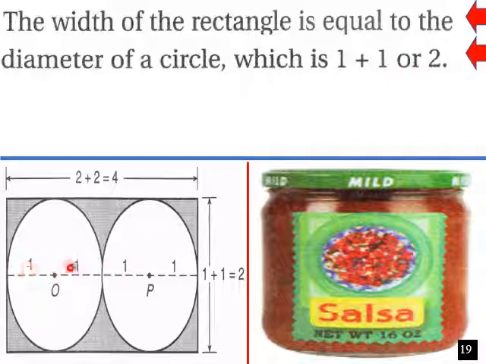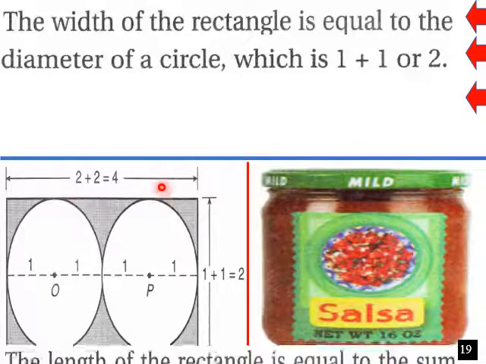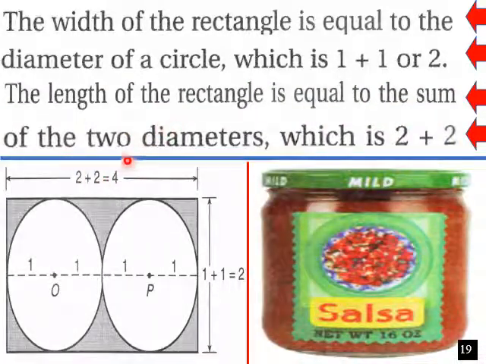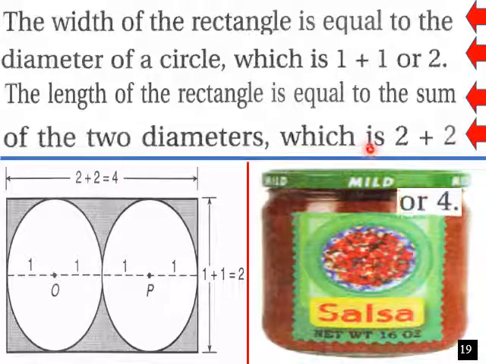And then the length of the rectangle is equal to the sum of the two diameters, which is 2 plus 2.